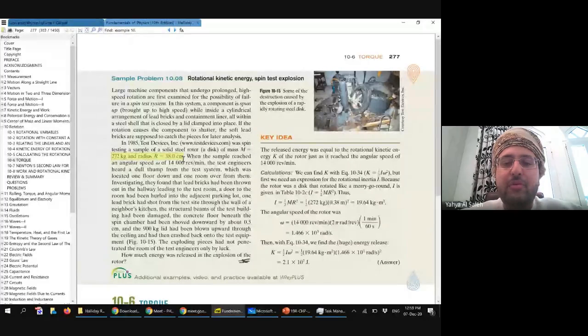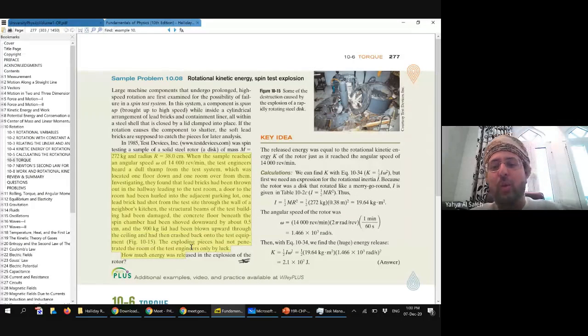When the sample reached an angular speed, omega, of 14,000 revolutions per minute, there was a dull thump, and something happened and it went through the floor. It broke the floor of the building. So the question is, how much energy was released in the explosion that it went through the roof?